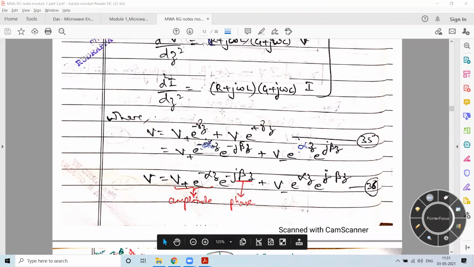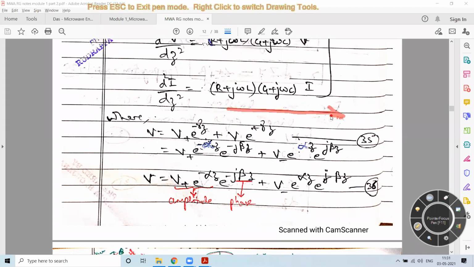Here we are assuming that the transmission line is along the z axis, starting off from 0 over here.